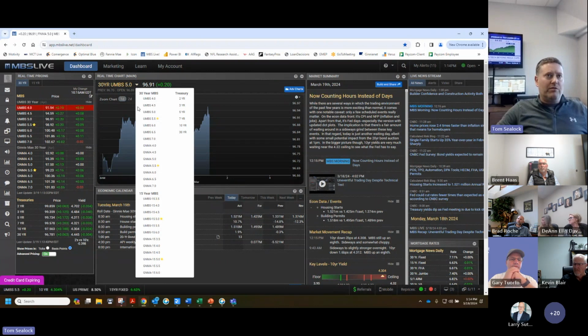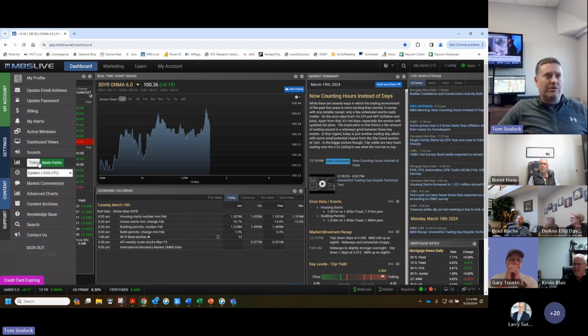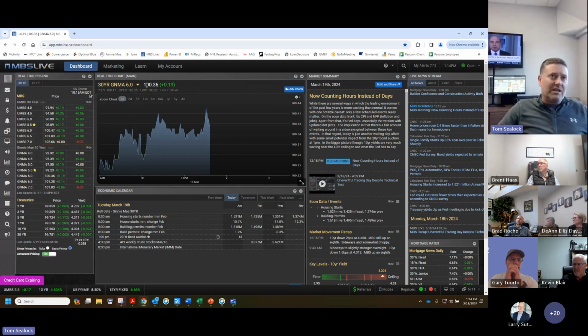This will convert it to basis points. In capital markets secondary, when we're talking about market reprices, we're always talking ticks because that's just the format of everything that we do. But in basis points, you can set your screen up to show you basis points. So in this case, the Ginny 6 is up for the day 19 basis points approximately.